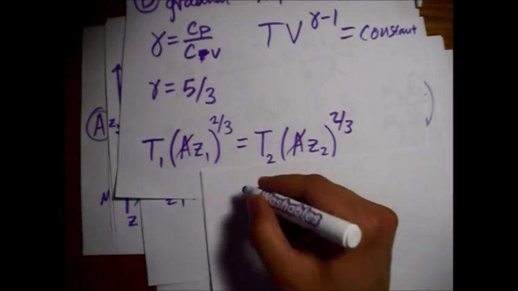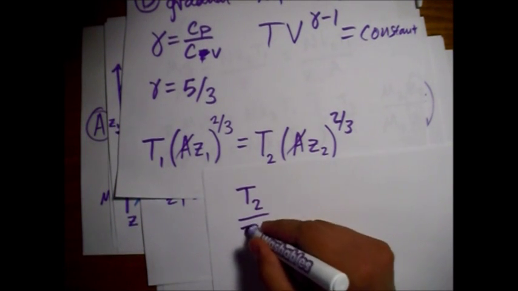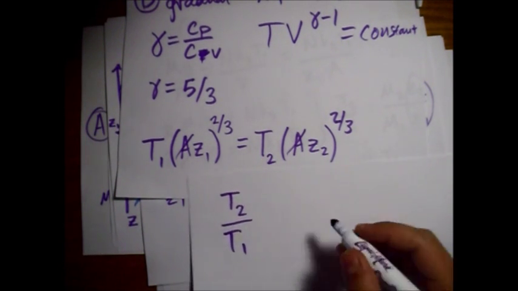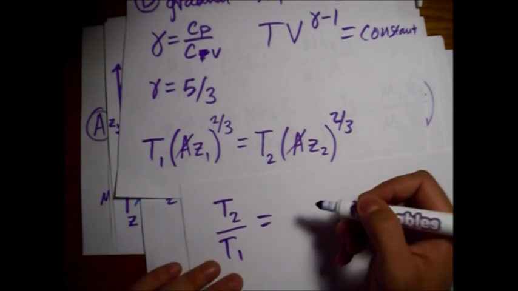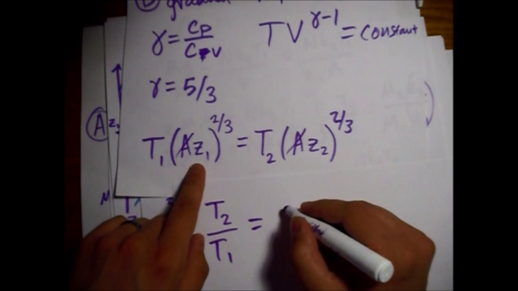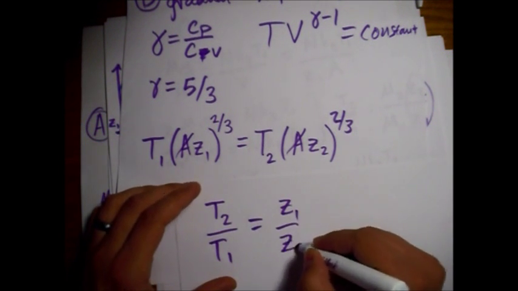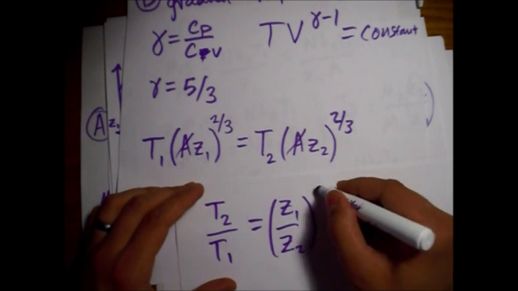And let's go ahead and start with the T2 over T1 case. So this is equal to Z1 divided by Z2, and this is to the 2/3 power.